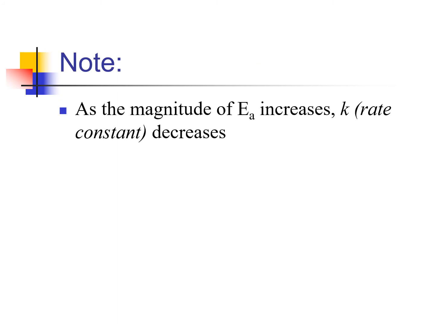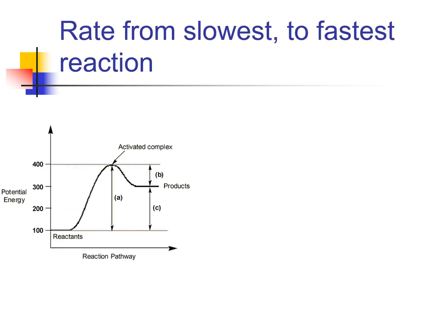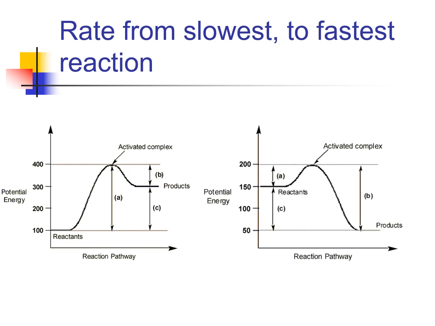Note, as activation energy increases, k should decrease. Again, k being that rate constant, the higher the rate constant, the higher the rate. Higher rate means lower activation energy. So to rank these from slowest to fastest, we have two graphs here. And again, it's all about the activation energy, not what they're labeling as C here.